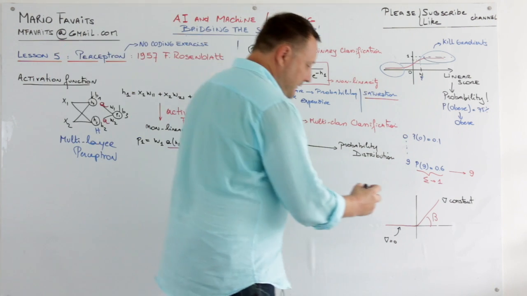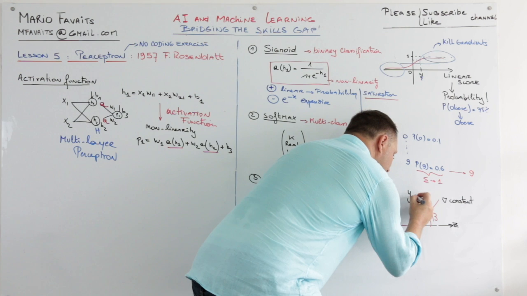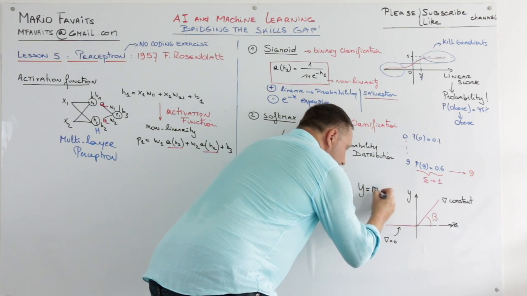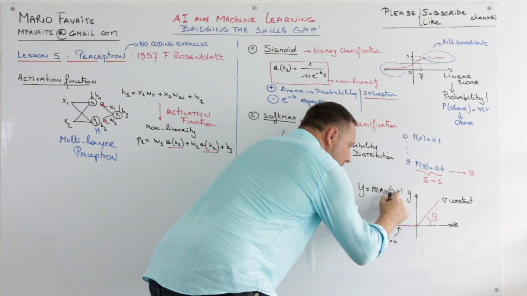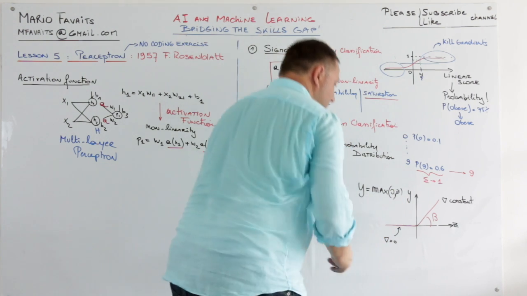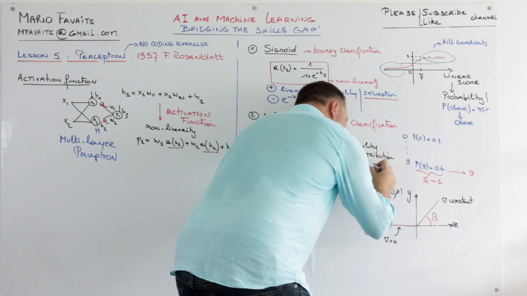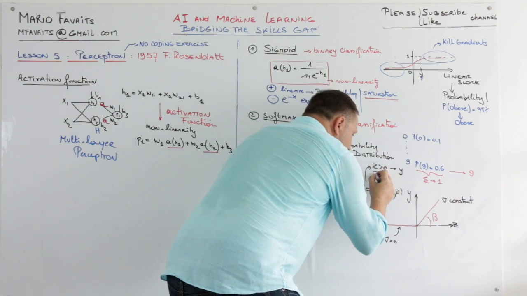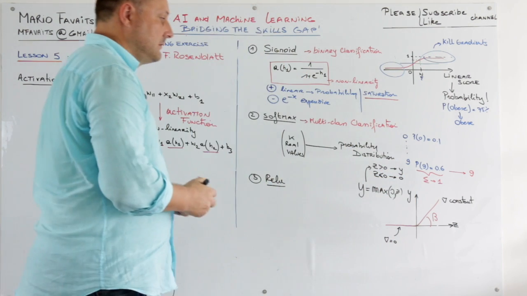So for ReLU, if we call this one z and this one y, then the formula is y is the maximum of 0 and z. That means if z is positive, your outcome is z, and if z is negative, your outcome is 0.